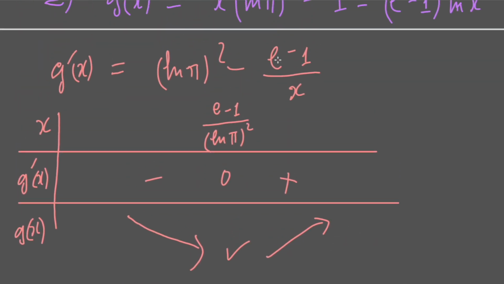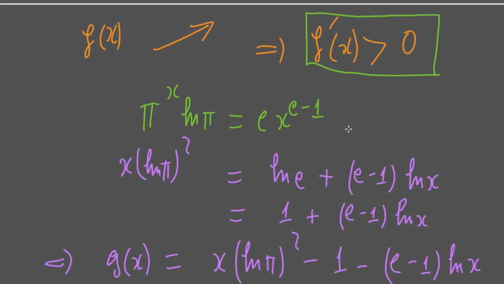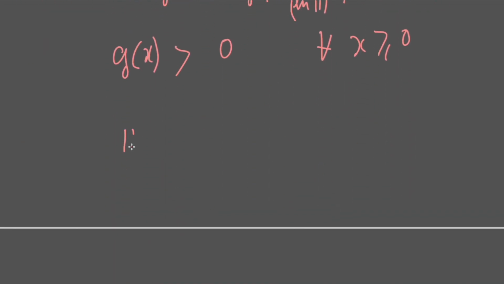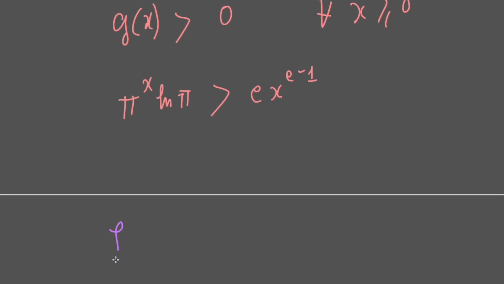Then obviously, this equation is impossible. If this equation is impossible, this means pi power of x ln pi is greater than e multiplied by x power of e minus 1. This means the derivative of f(x) is greater than 0 for any x greater than or equal to 0.